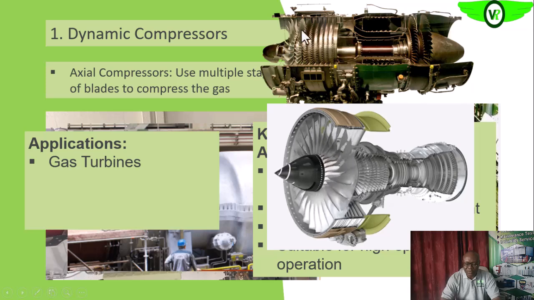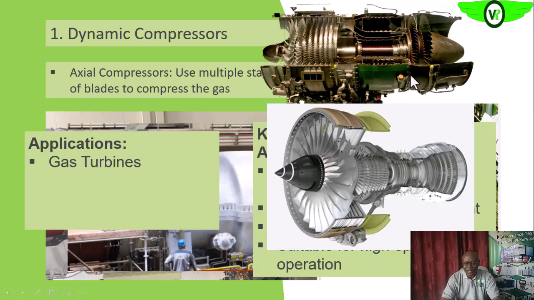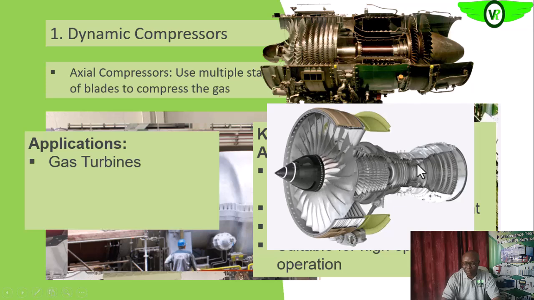This is a gas turbine. So this compressor compresses the air that is coming in and delivers that compressed air to the combustor. This is the combustion chamber, and it is ignited here, burnt before it is sent to the gas turbine to result in this kind of movement that we are seeing here.